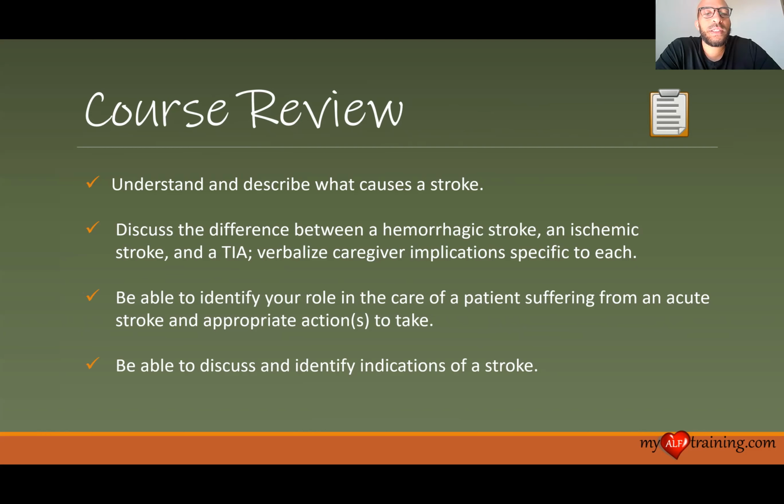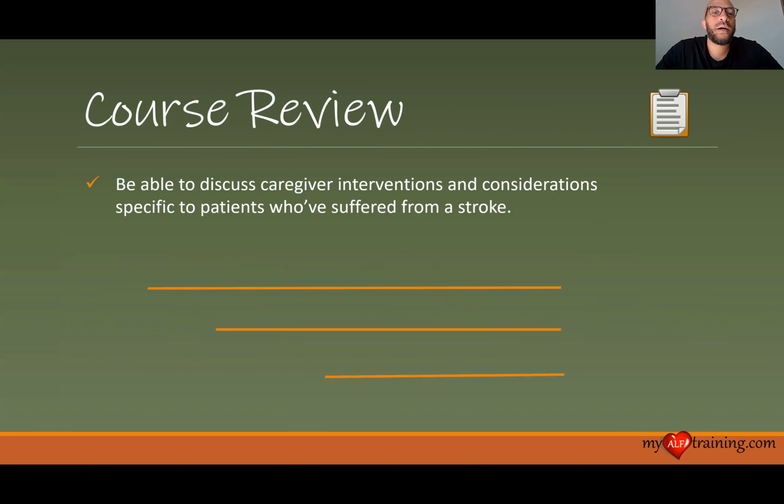Be able to discuss and identify indications of a stroke. Well, we talked about the signs and symptoms of a stroke. We talked about what a stroke might look like, and we talked about how to assess a patient for a possible stroke using the ACT FAST acronym. And last but not least, be able to discuss caregiver interventions and considerations specific to patients who suffered from a stroke.